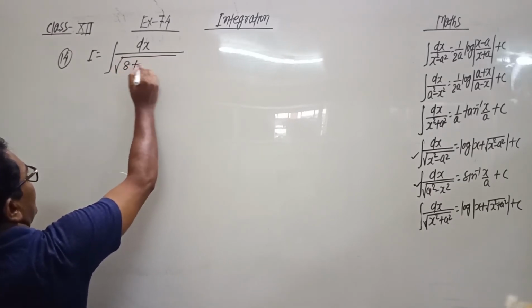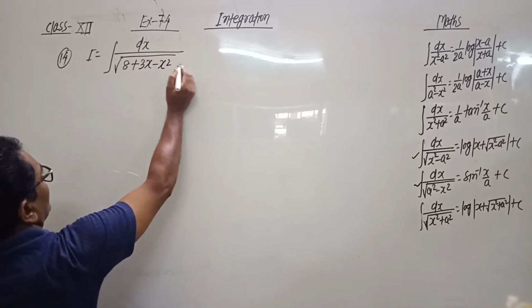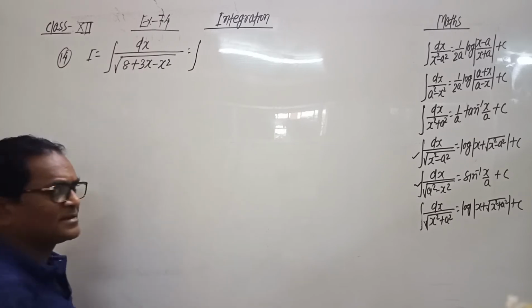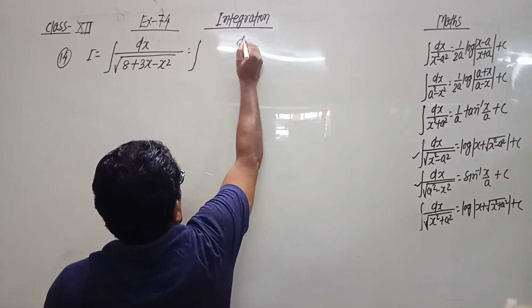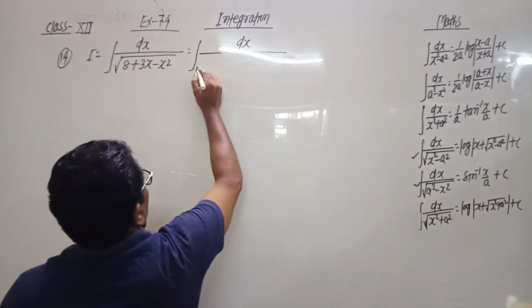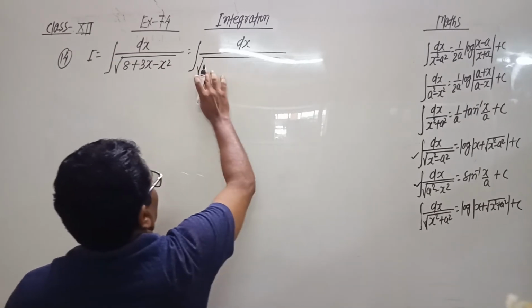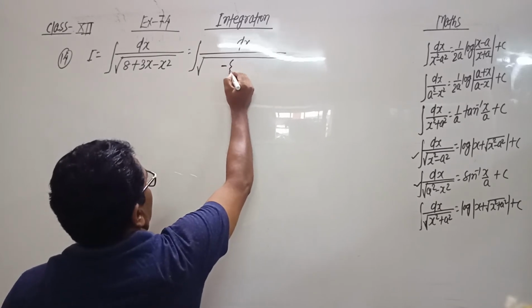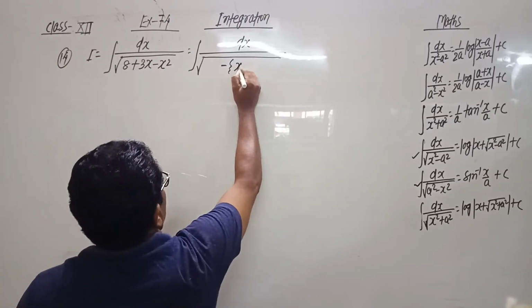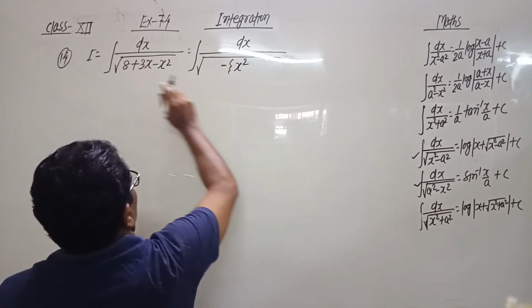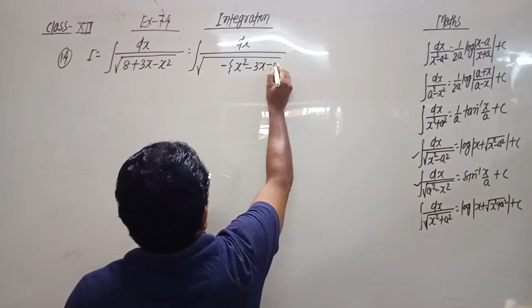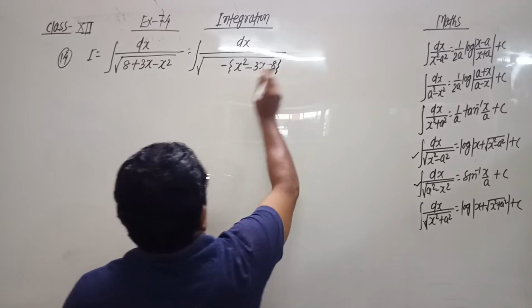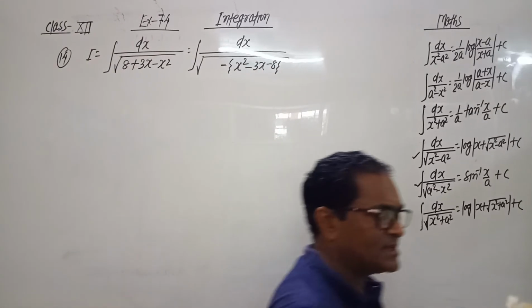The term containing x square is a negative term, so we will have to take minus as common throughout the entire term, and leave space. Then inside, we write firstly x square, which becomes plus, then 3x becomes minus because we have taken minus as common, and the 8 also becomes minus. And in the beginning, we leave the space.